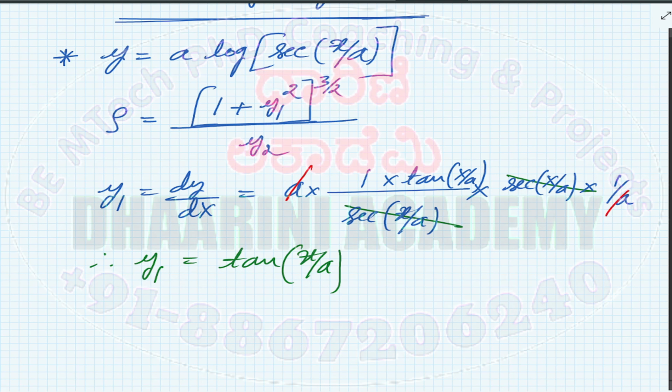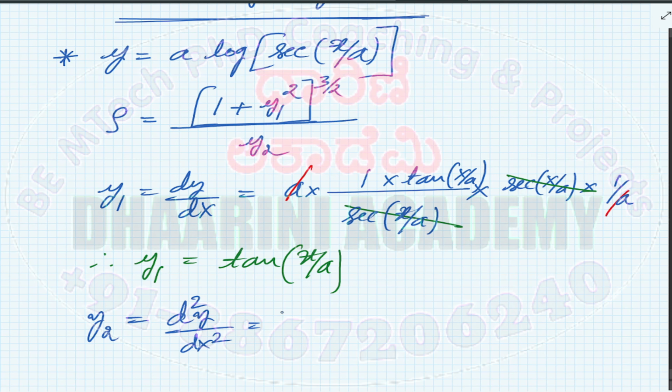Once you get y1, I can see in the equation I have a y2. So calculate y2 now. y2 is d square y by dx square, which means whatever tan function you got as y1, differentiate that once again.